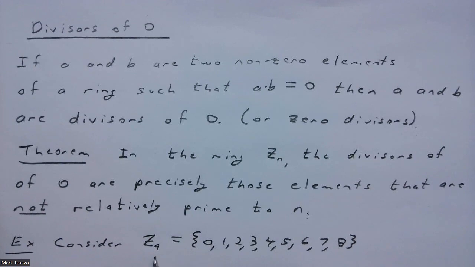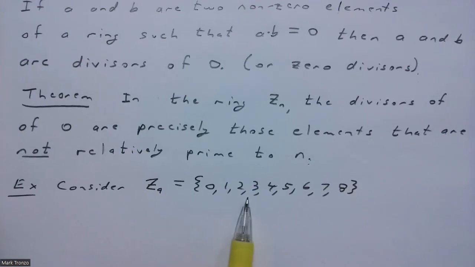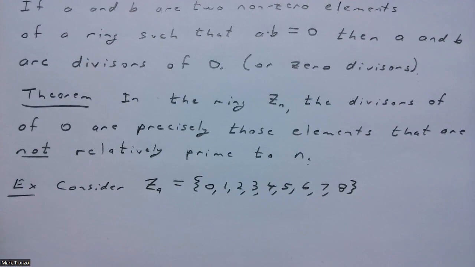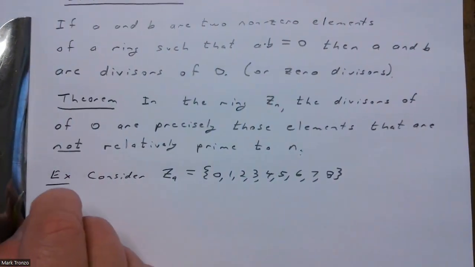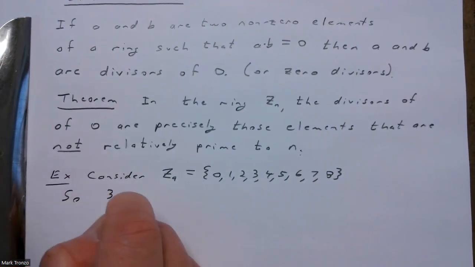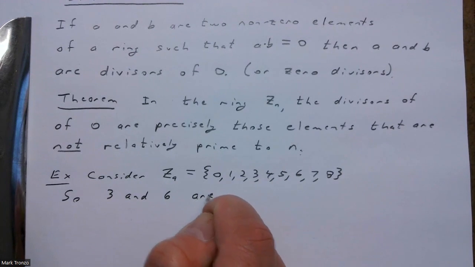So the only ones that would have common factors are ones that have factors of 3. So those would be 3 and 6, I guess, the only ones. So 3 and 6 are not relatively prime.